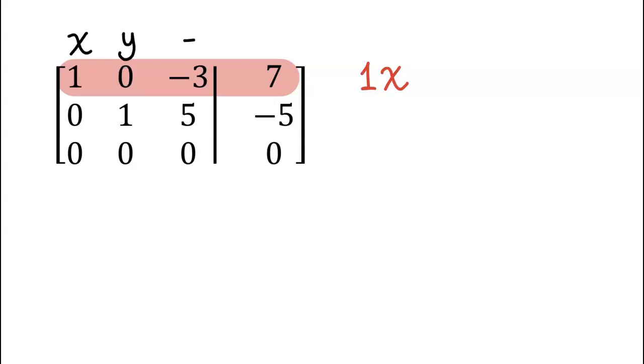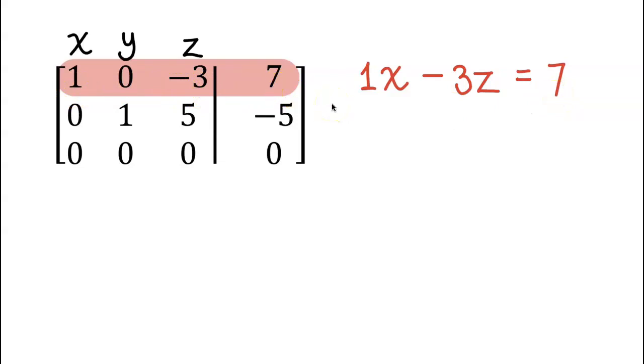Now the third column gives us the coefficients for z's, and we have -3 in the first row. So we will say that is minus 3z. And to go to the other side, we will put an equal sign, and let's put 7 on the other side. So that's what the first row is representing. We have 1x minus 3z equals 7 from the first row.